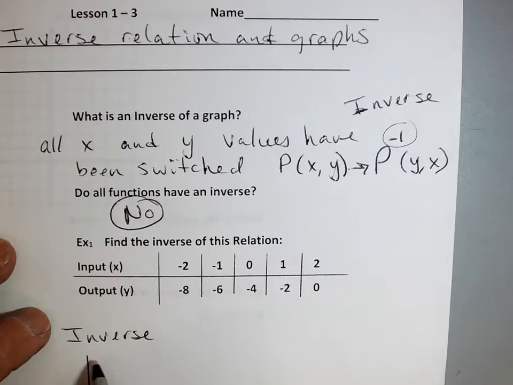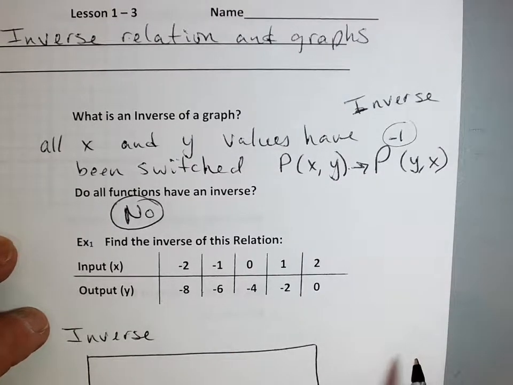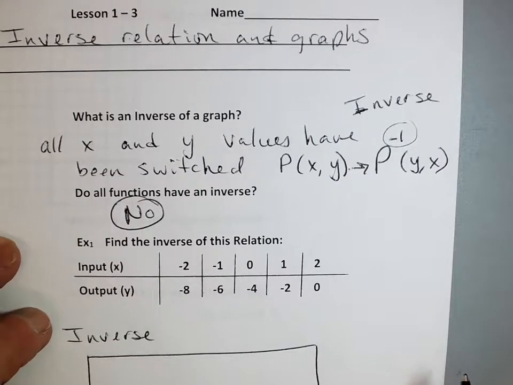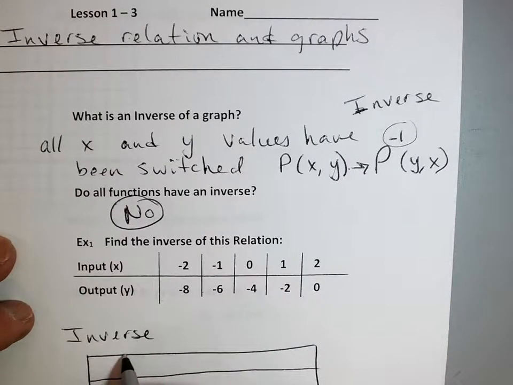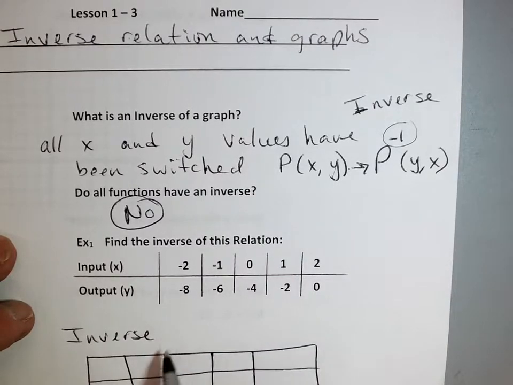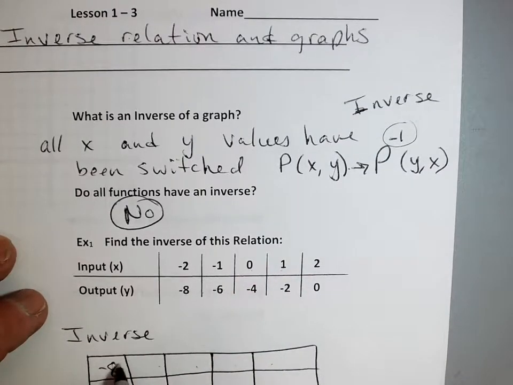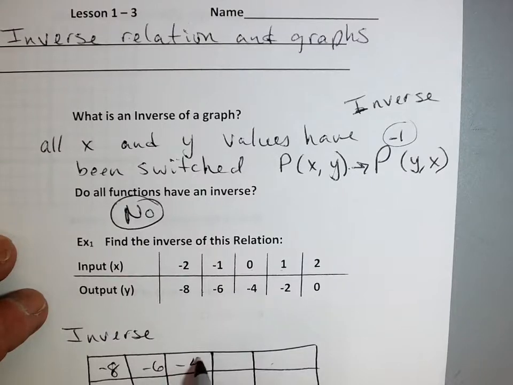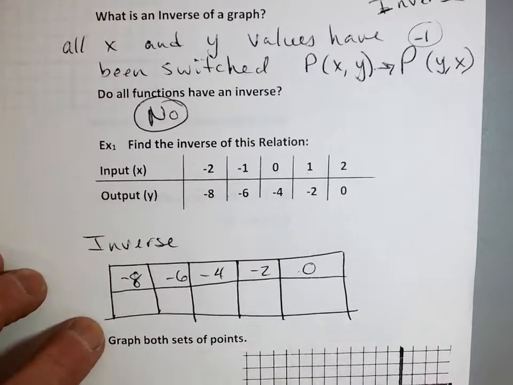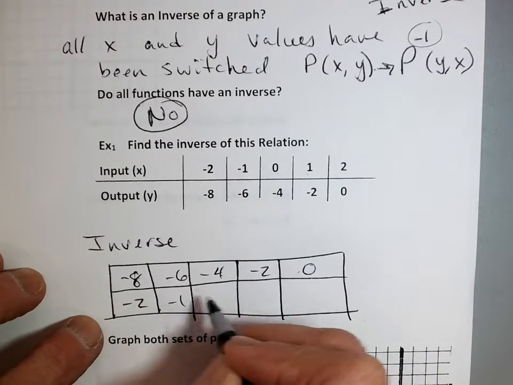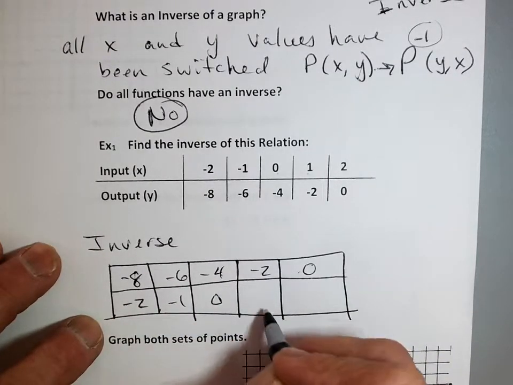We're going to make the outputs be the inputs and the inputs be the outputs. I'll say it again. The outputs will become the inputs and the inputs become the outputs. So the inverse is going to look like this. -8, -6, -4, -2, 0 would pair up with -2, -1, 0, 1, and 2.